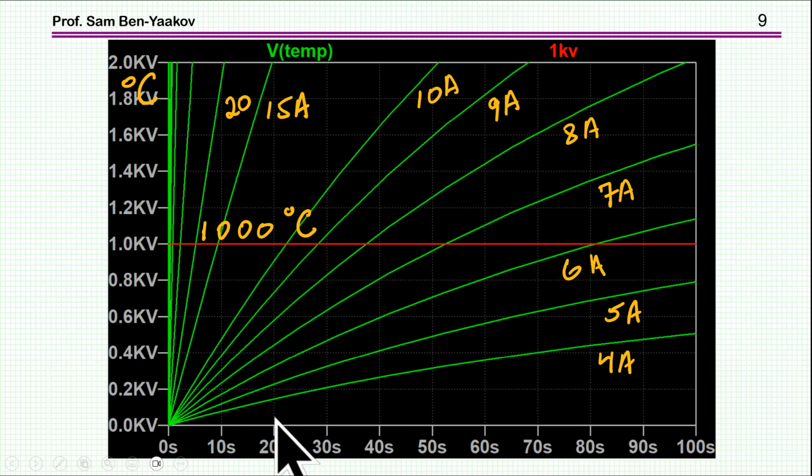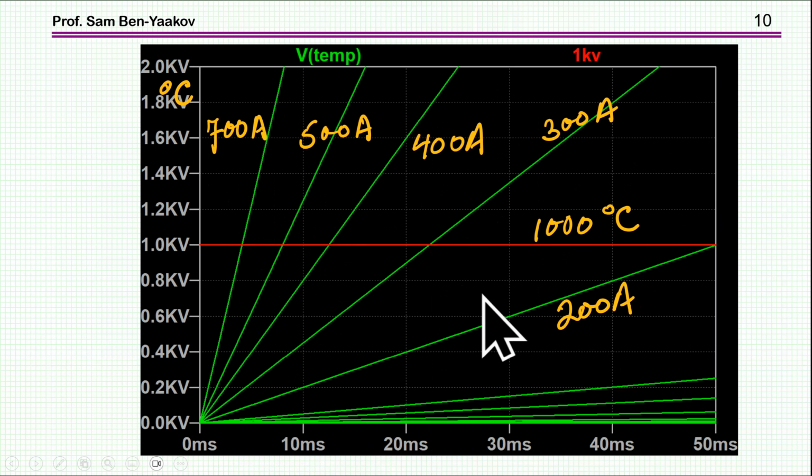Then there are much higher currents, which I have zoomed here. We see that at 200 amp, we are talking about 50 milliseconds to melt, and at 500 amp, it's already below 10 milliseconds, and even lower, of course, at 700 amp.